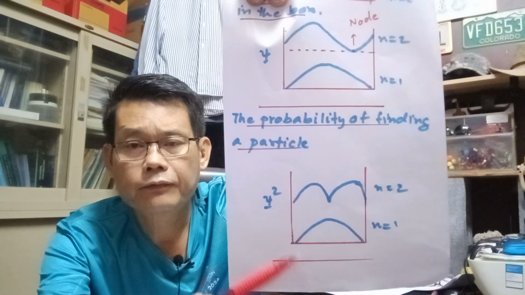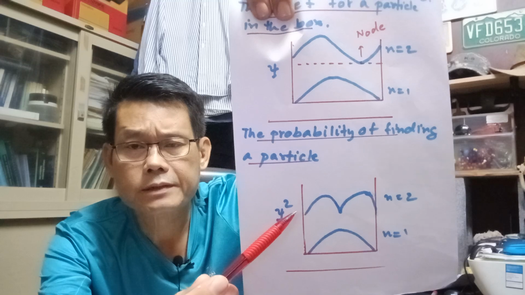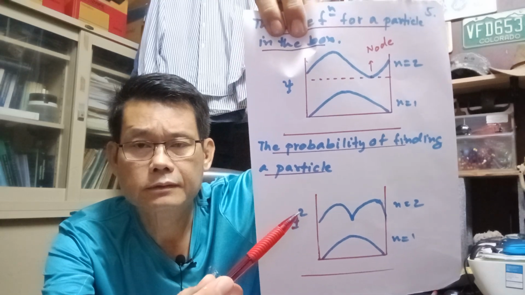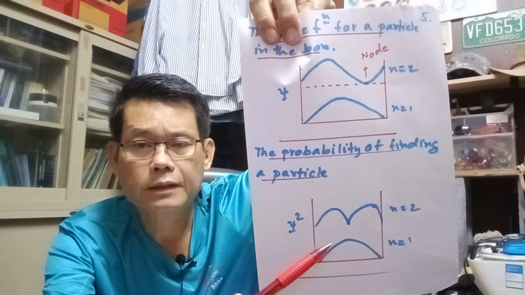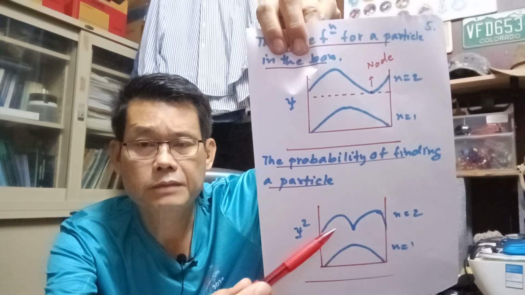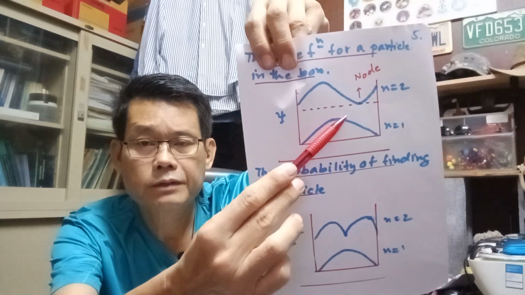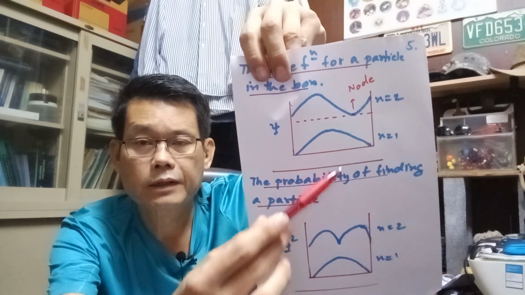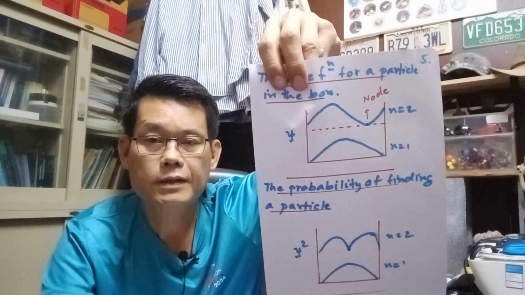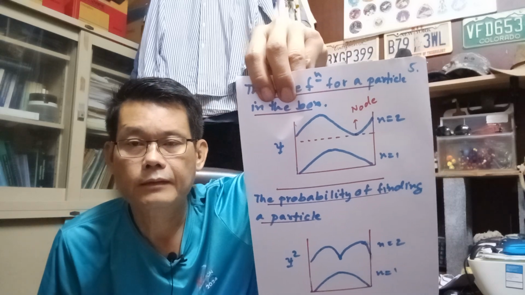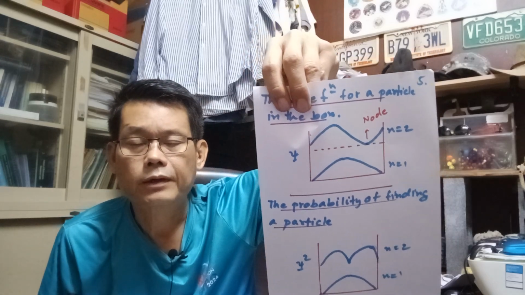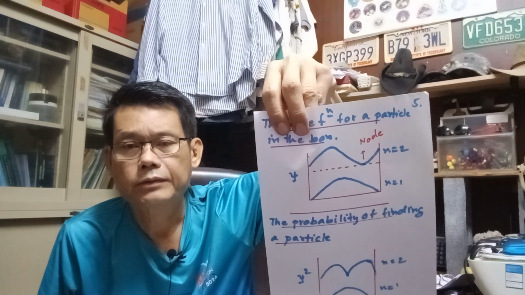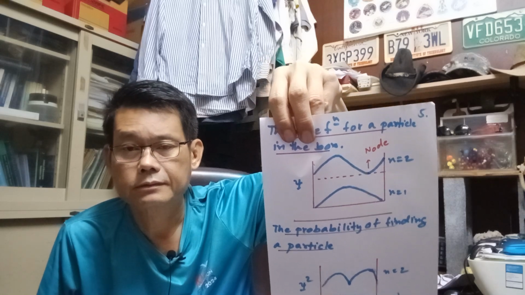And for the probability, you can do the wave function square. So this one, the shape doesn't change, but this one, you have a negative wave function, right? So negative become positive. So just look like this. The higher number of n, the more nodes, no doubt about that.